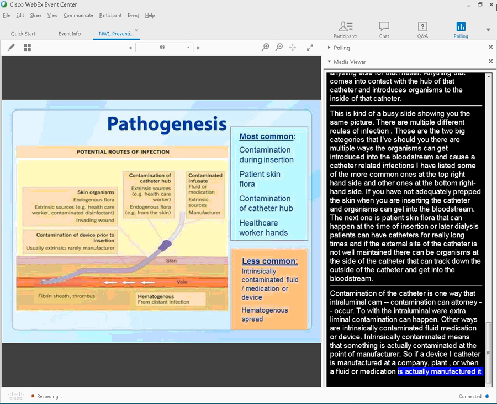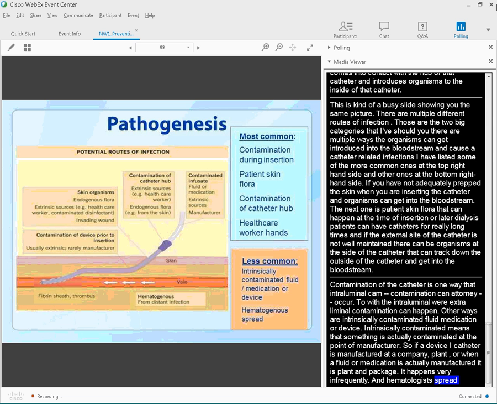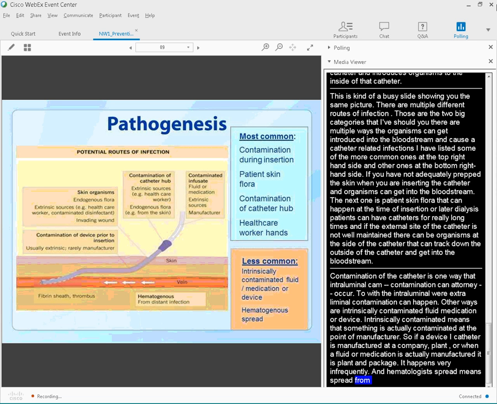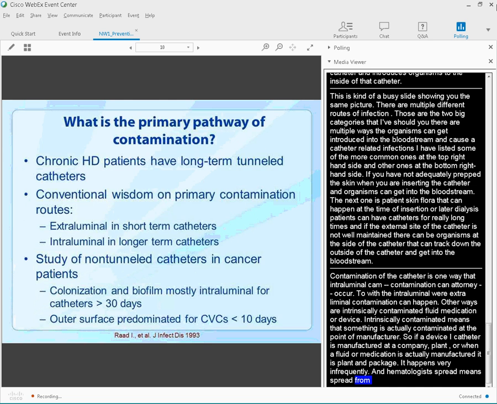And then hematogenous spread, which basically means spread from a distant source of infection, is another possible mode of catheter-associated infection that happens less commonly, we think, than some of these other modes.